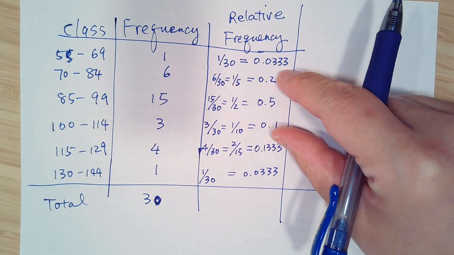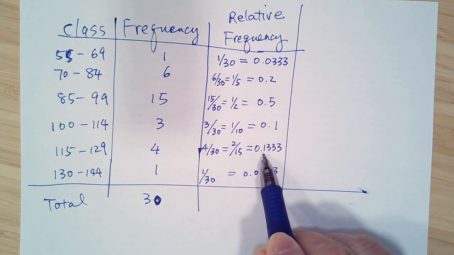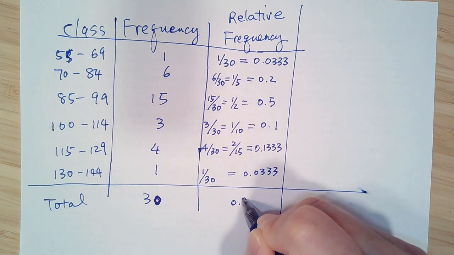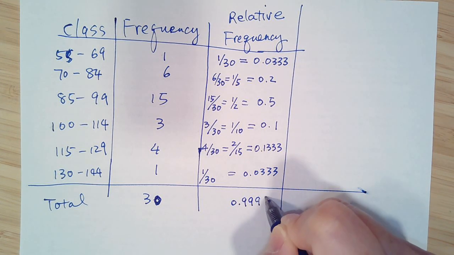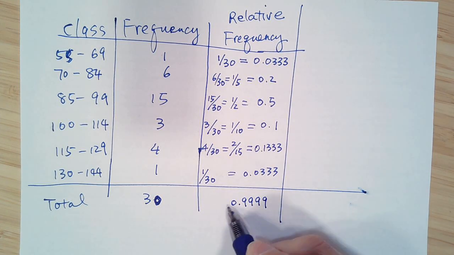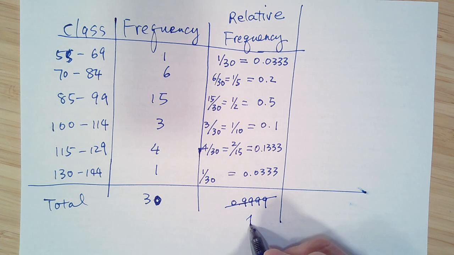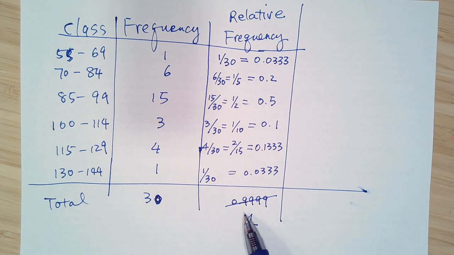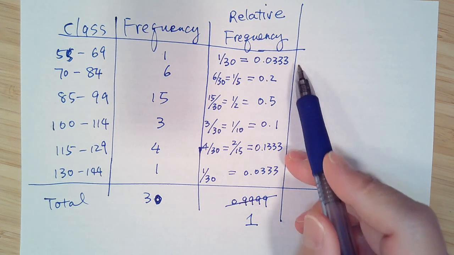So you will have 0.9999. All right, don't do that, okay? If you have 0.9999, you can cross it out and just write 1. The sum of the relative frequencies is 1. You have 0.9999 because there's some rounding error. Remember, you dropped some threes.